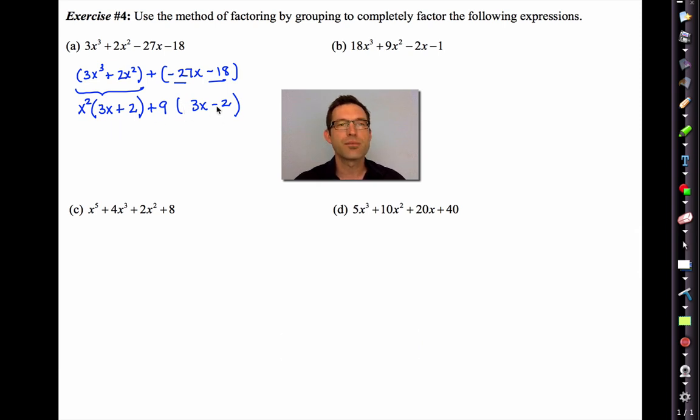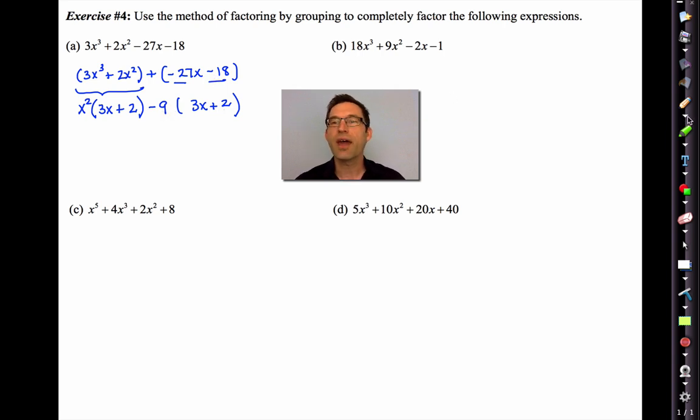Almost always, if possible, I'm going to want to factor out a negative. Now, think about this for a second. If I factor out a negative 9, then I would have to have a positive 3x inside of here for a negative 9 times positive 3 to be a negative 27. Likewise, I'd have to have a positive 2 here for a negative 9 times positive 2 to be a negative 18.